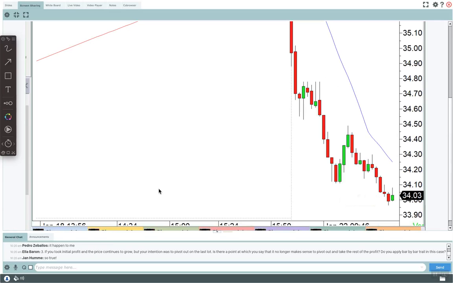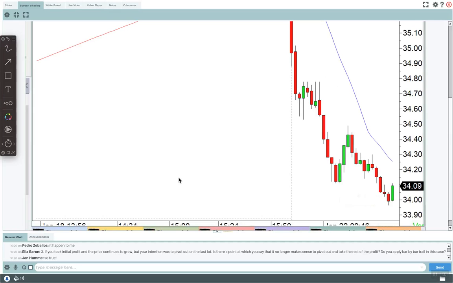All right, question number 3. If you took initial profit and the price continues to grow, but your intention was to pivot out on the last lot, is there a point at which it no longer makes sense to pivot out and take the rest of the profit? Yes.